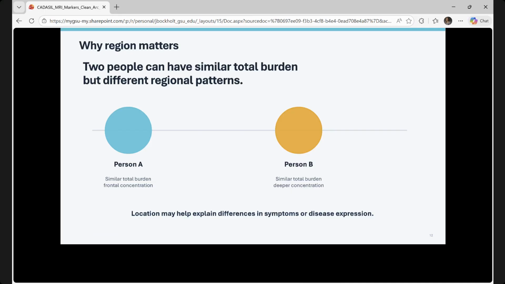That alone could explain different symptoms and a different timeline or disease progression, or even disease expression. So we want to monitor both the global value as well as the regional values. Next slide.